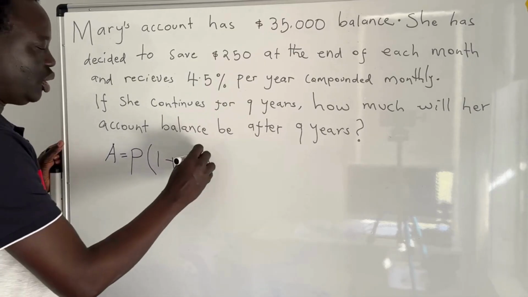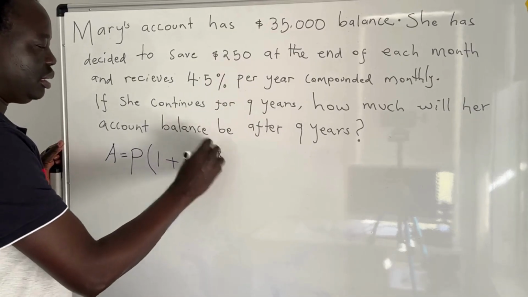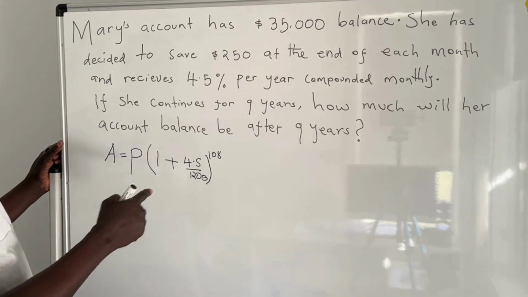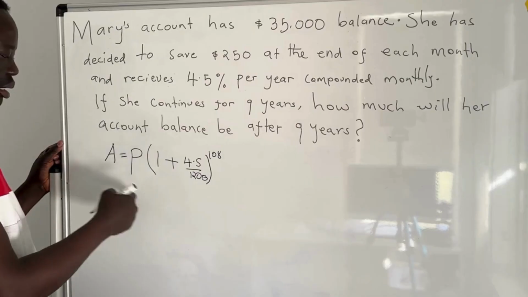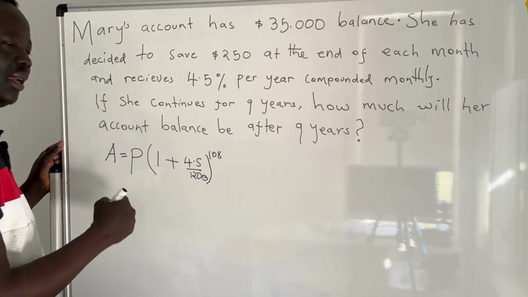What is it? It's going to be 108. So this is the compound interest part of it.